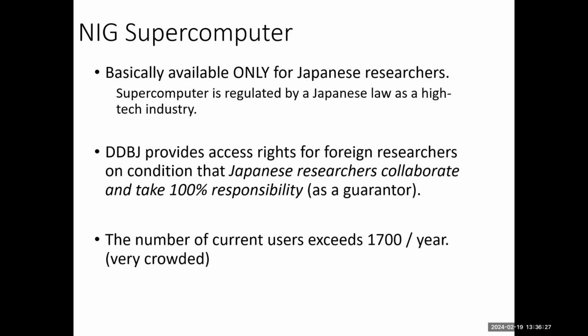So with some special conditions, our computing system is available to foreigners too. And the number of current NIG computer users exceeds 1,700 per year. So it's a very crowded system, but you can use this facility for free.